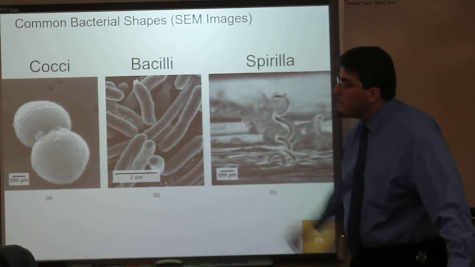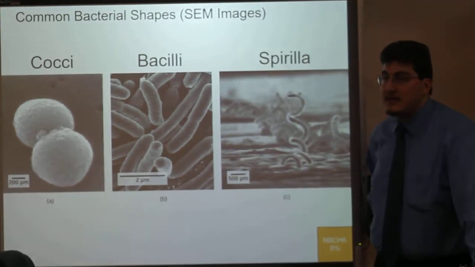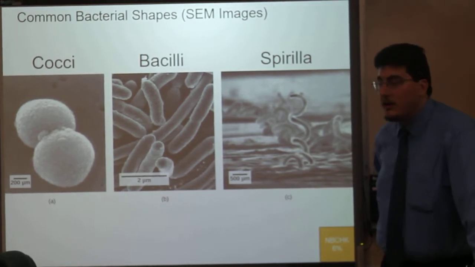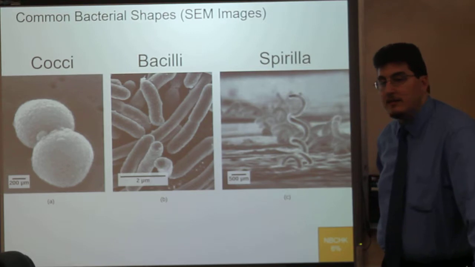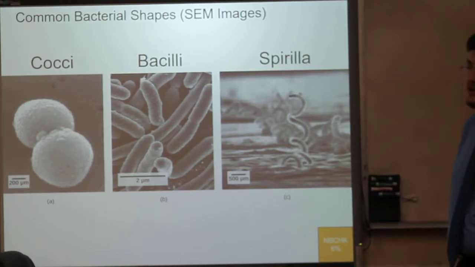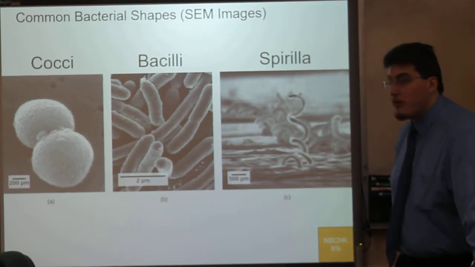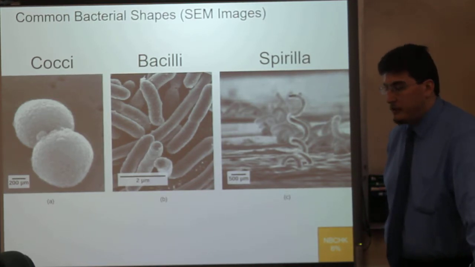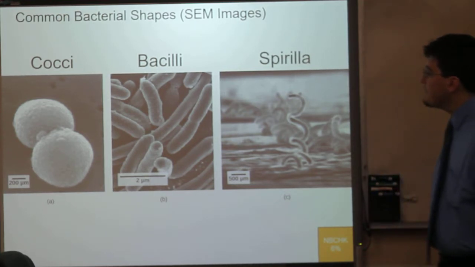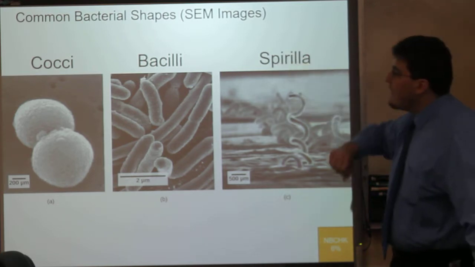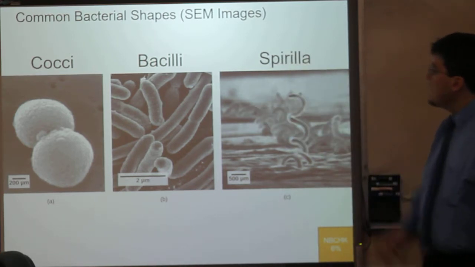Anything that ends in bacillus, like lactobacillus that you might find in your yogurt, those are rod-shaped. Also, Bacillus anthracis, anthrax, is a rod-shaped bacteria. It's also a spore former, but that's for another day. So bacilli are rod-shaped bacteria.